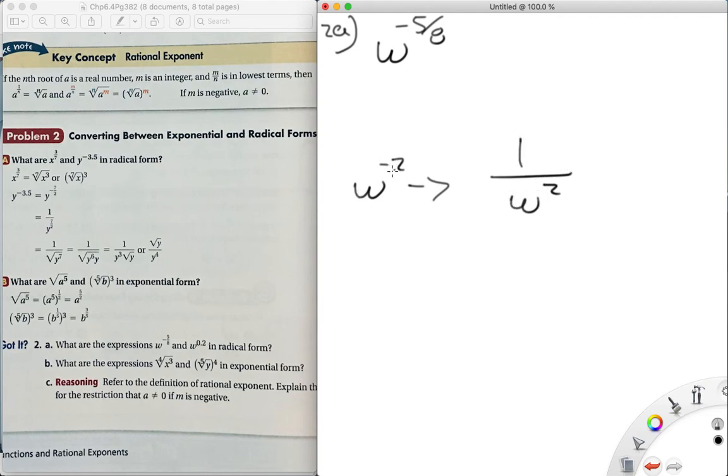So w raised to the negative 2 power is 1 over w raised to the 2. And notice that the negative sign goes away after you reverse it from numerator to denominator. We're going to do the same thing over here, and that's going to be 1 over w raised to the 5/8.